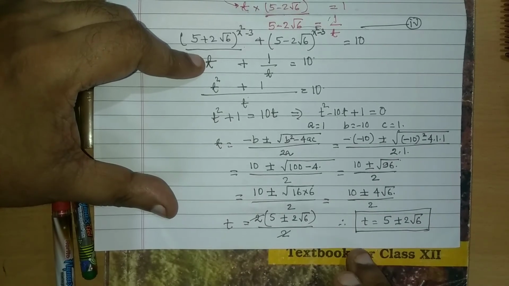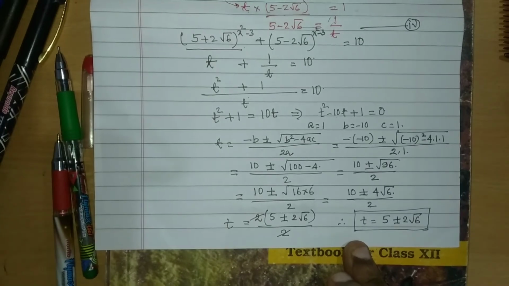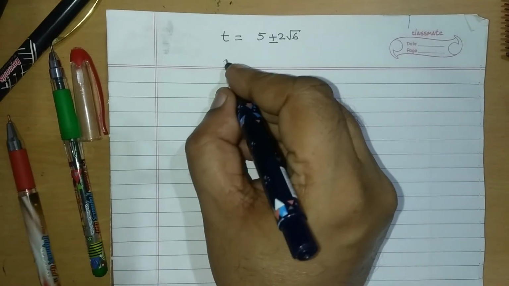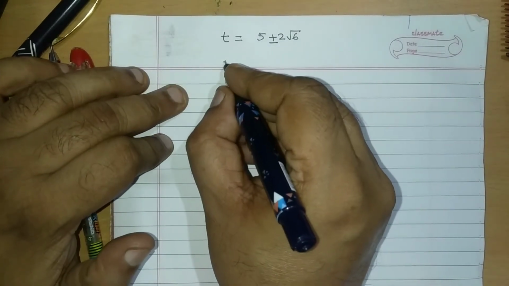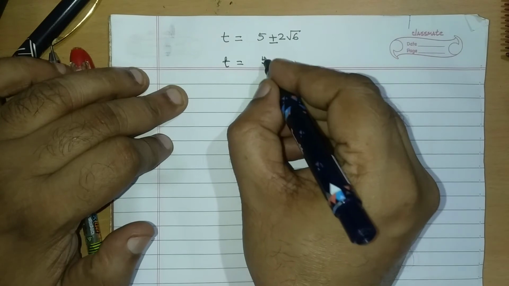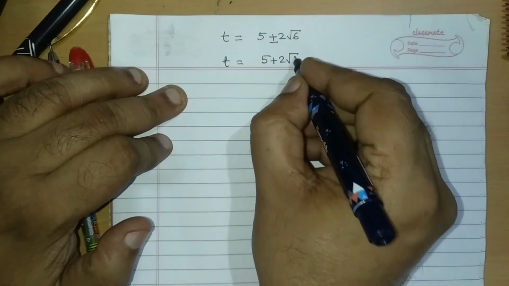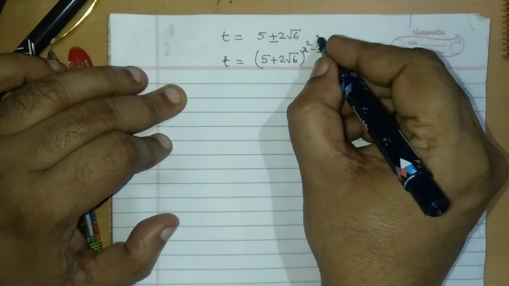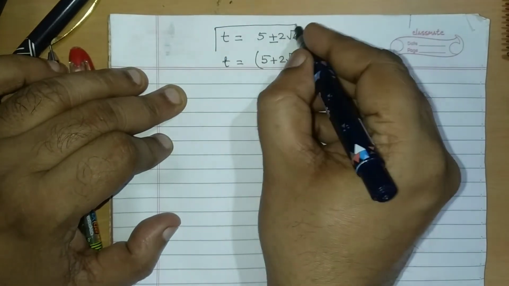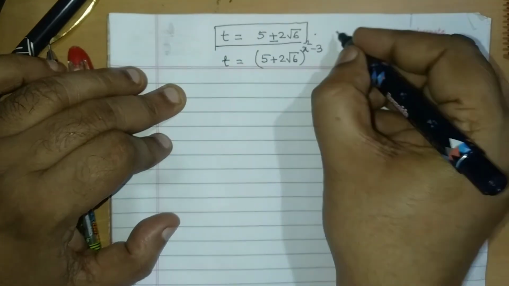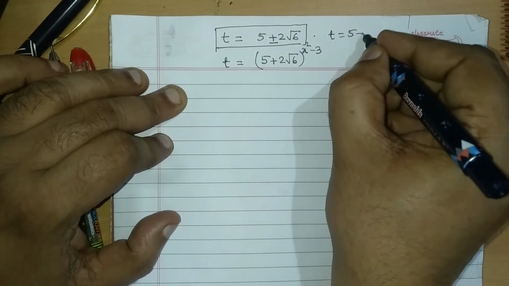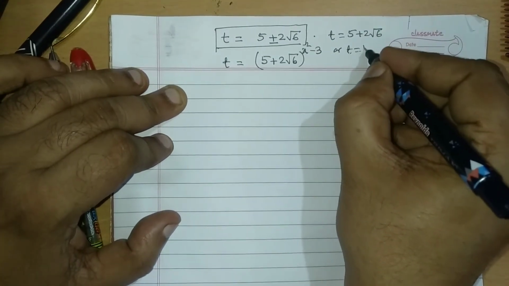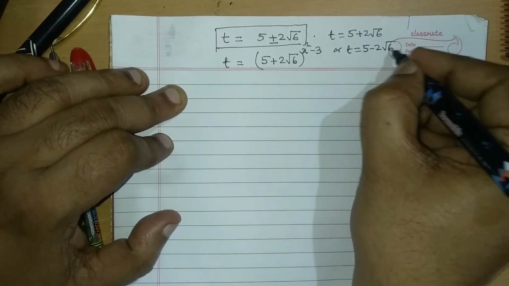And now we will have to find the value of x. This is the question. Now here we have assumed that t is equal to 5 plus 2 root 6 to the power x square minus 3, and the value of t is coming, t is either equal to 5 plus 2 root 6 or t is equal to 5 minus 2 root 6.